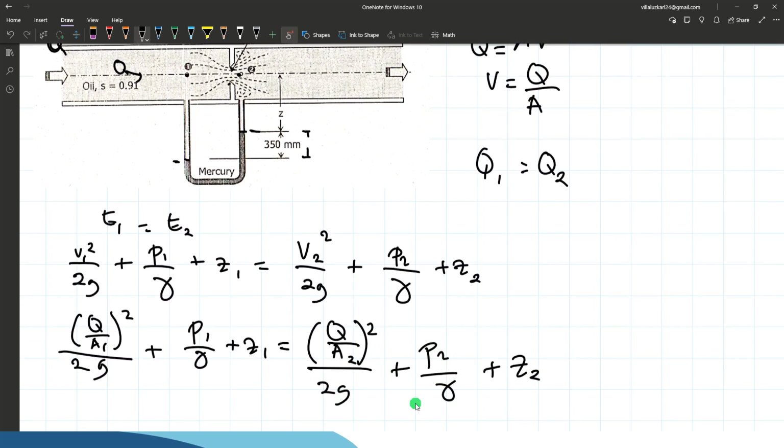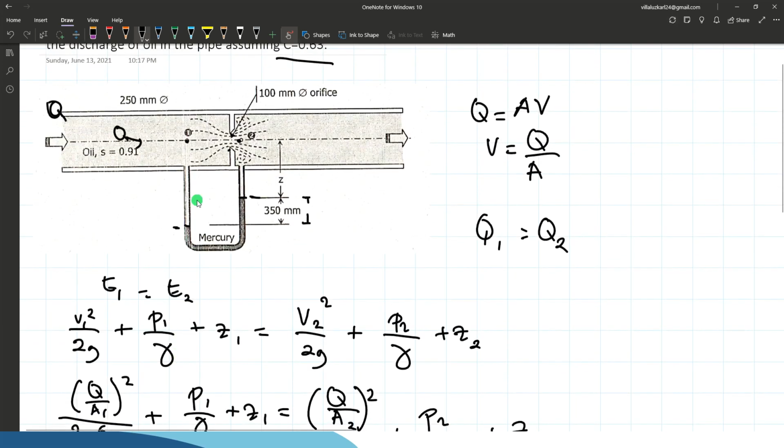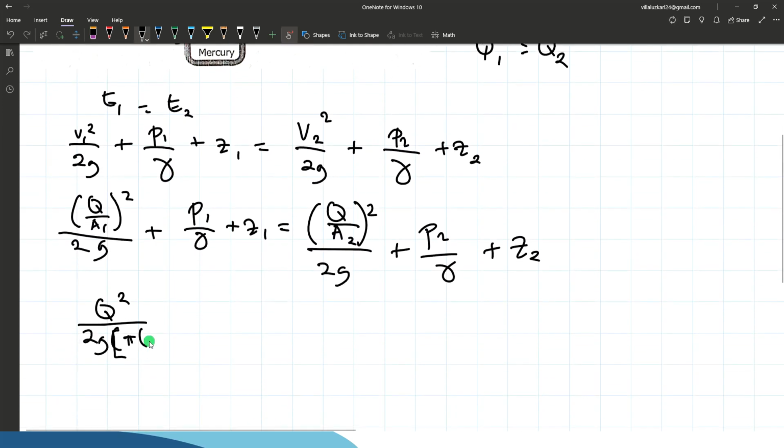So let's substitute now the values. At point 1, this is Q squared over 2g multiplied by area squared. The area is the cross section of the 250 mm pipe, so (pi times 0.25 meter squared over 4), raised to 2 because that's A1 squared, plus P1 over gamma plus Z1.